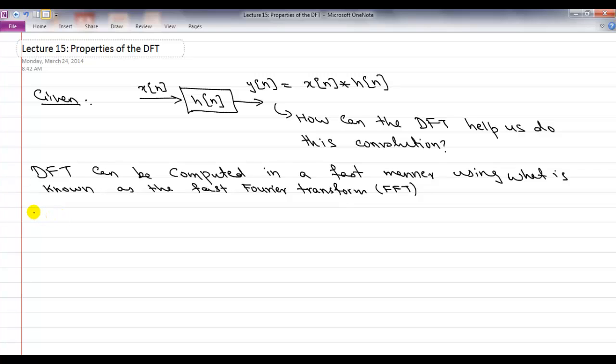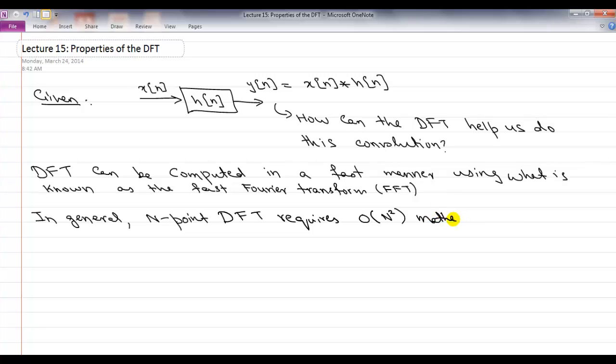So in general, an N-point DFT typically requires order N squared. So this means N squared times some constant number of mathematical operations.